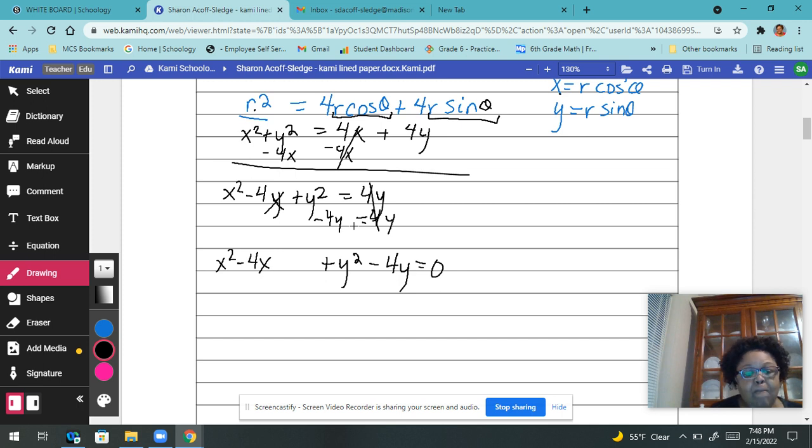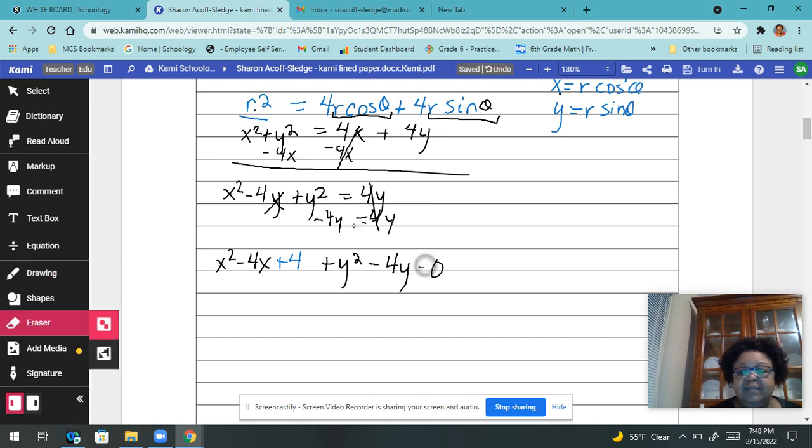So now we're going to complete the square here and here. Let's complete the square with this one first. Remember, take half of this minus 4, which is minus 2, and then square it. That gives me a plus 4.